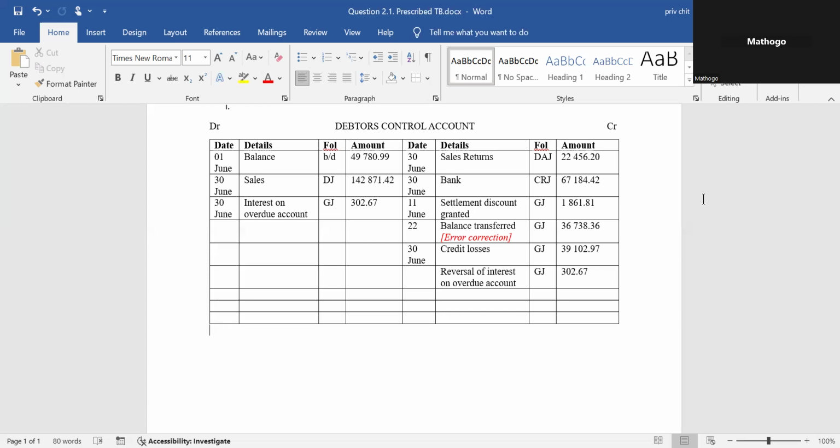I'm getting something like 160 something thousand for this side. Clearly, it's less than this side, because already here we've got 142,000 plus this 49,000. It implies that which side is lesser here between the two, debit or credit side?